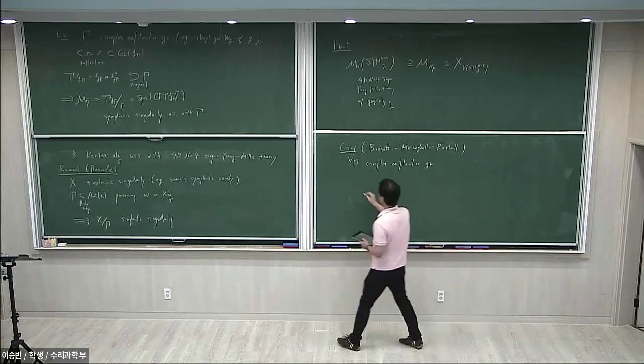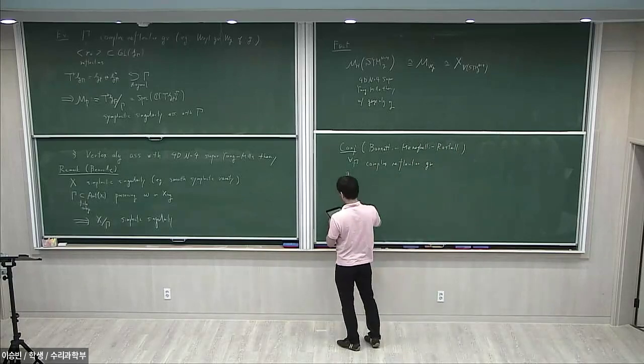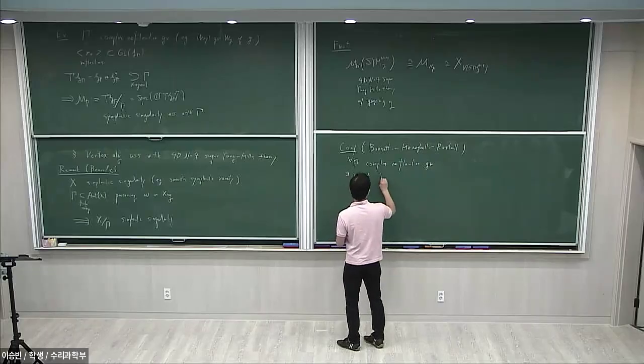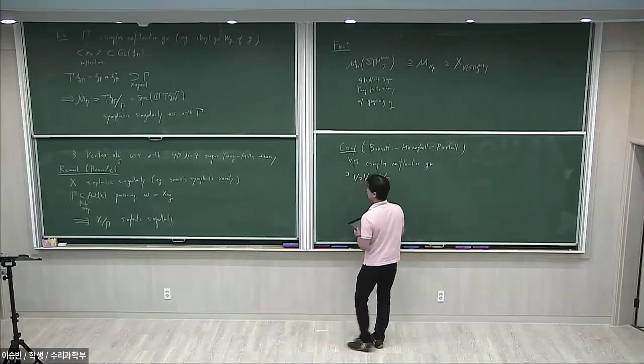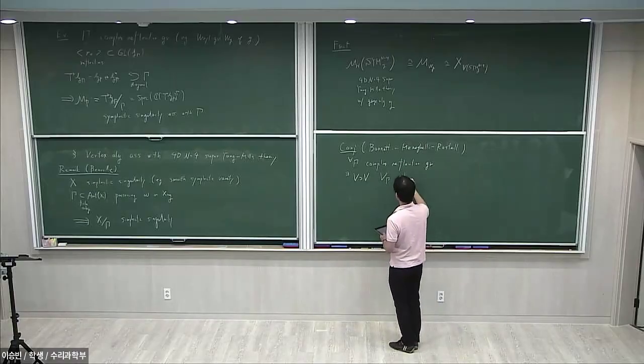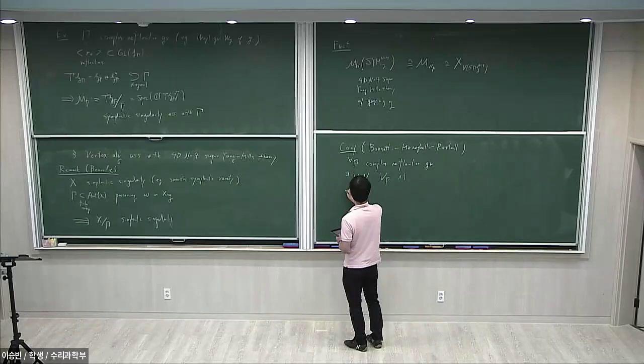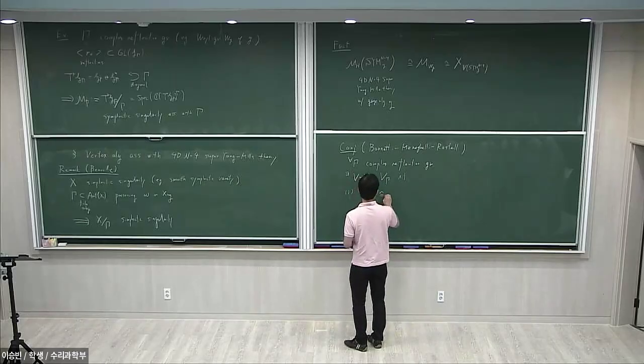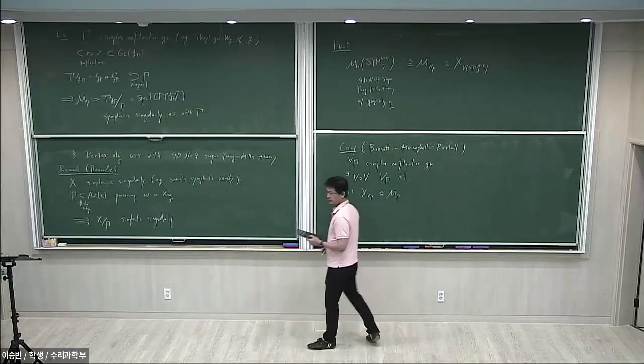Then there exists a vertex superalgebra, which I denote by V_Gamma, such that its associated variety is isomorphic to this symplectic singularity.